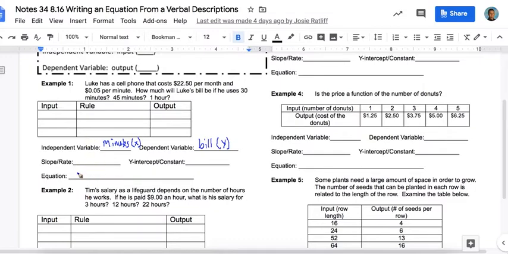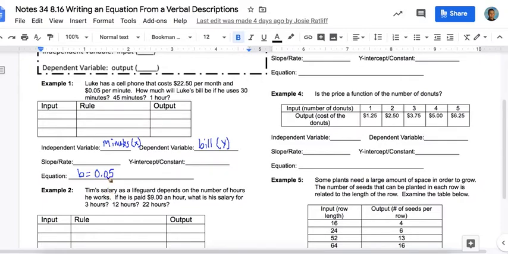Okay, we are going to write the bill. So we're going to write B equals, and it costs $22.50 per month and uses 5 cents per minute. So we're going to take the 5 cents, because we're trying to write it in y equals mx plus b.